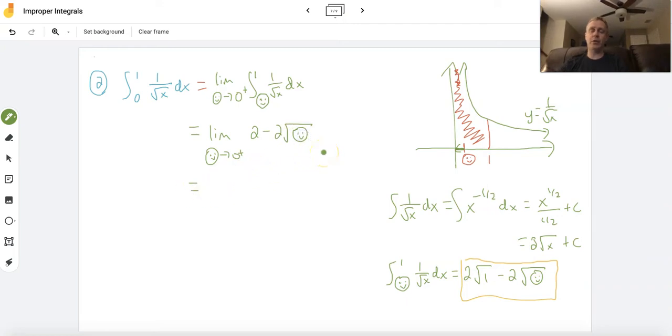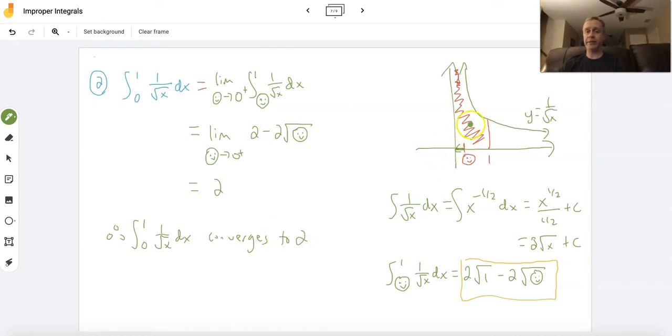And so now when we evaluate this limit, as Mr. Smiley Face approaches 0 from the right-hand side, hopefully we agree that that would essentially just be equal to 2. And since the limit exists here, we can say that this improper integral converges, and in particular, it converges to 2.